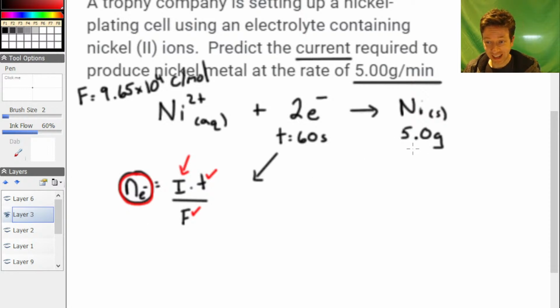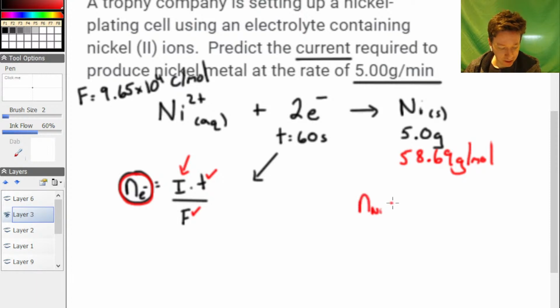Well, I know how many grams of nickel you have. So if you look up the molar mass of nickel, it's 58.69 grams per mole. Okay, just use some grade 11 chemistry here. And we can figure out the number of moles of nickel. So moles is mass divided by molar mass.